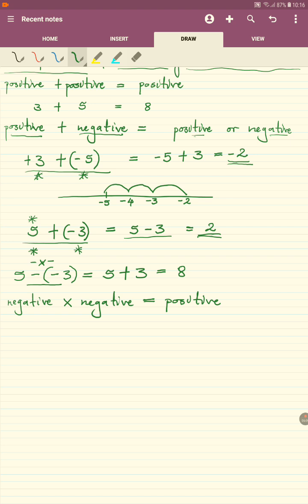Another example, let's say we have minus 3 minus minus 5. The same thing is going to happen to the two negative signs between the numbers. So we are going to remove this bracket.